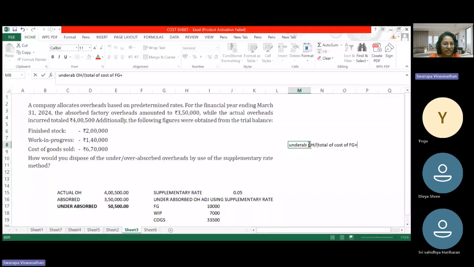Okay, so it is 50,500 divided by 10 lakh 10,000. That is the sum of 2 lakh, 1 lakh 40,000 and 6 lakh 70,000, which is 0.05.